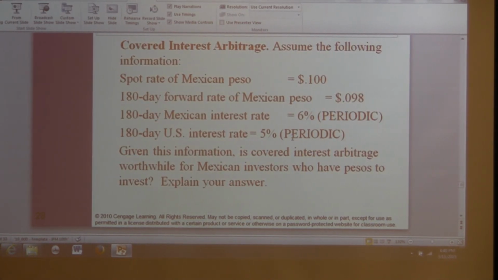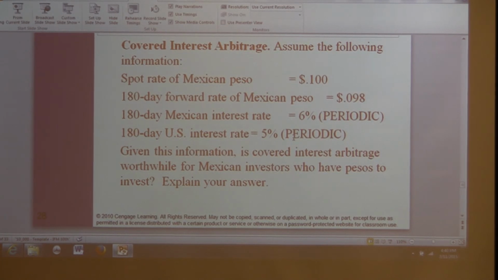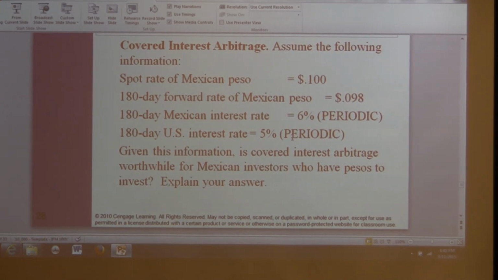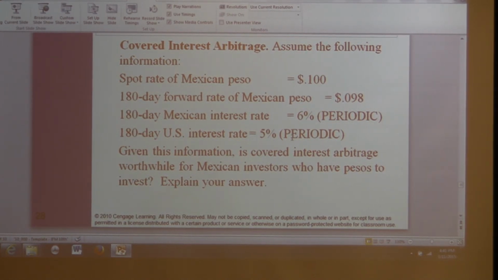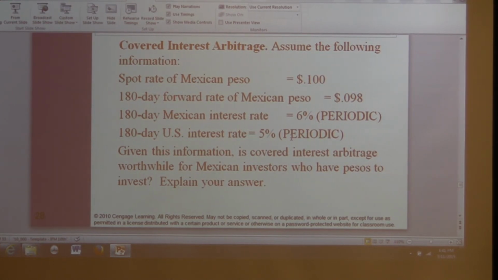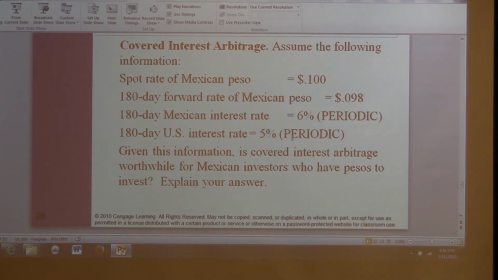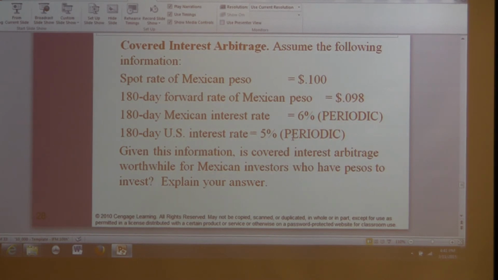Now, if you want, you can also look at an example from the US point of view. Okay? So if you are in the US, if you see these numbers, what should be the forward price? We can use the same formula that we did before, but we can look at things from the US point of view. So if you are in the US, F by S is given by 1 plus R US divided by 1 plus R Mexico.